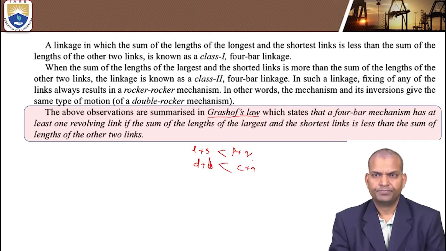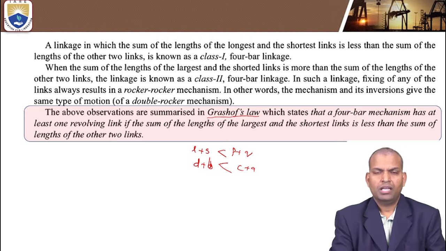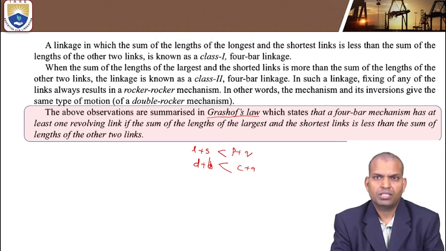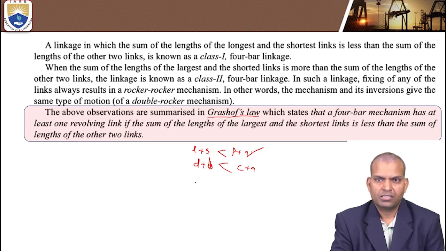Now let us discuss, very important, a linkage in which the sum of the lengths of the longest and shortest link is less than the sum of the lengths of the other two links is known as a class 1 4-bar linkage. That is L plus S is less than P plus Q. If L plus S, the sum of lengths of the longest and shortest link, is more than P plus Q, the linkage is known as a class 2 4-bar linkage.